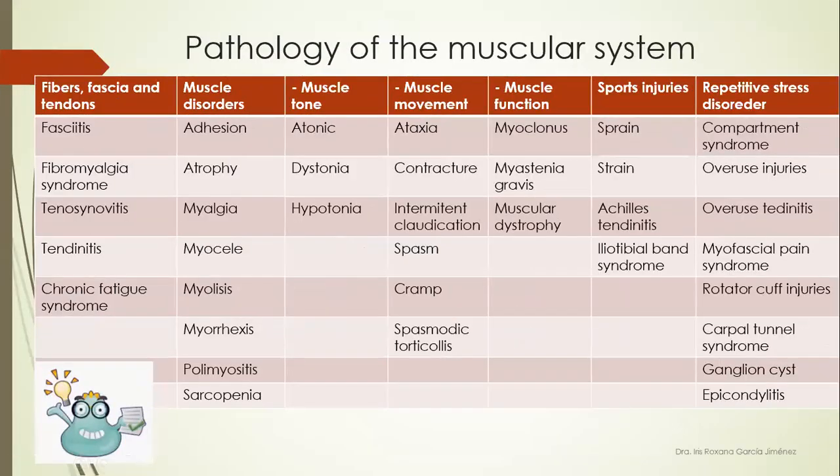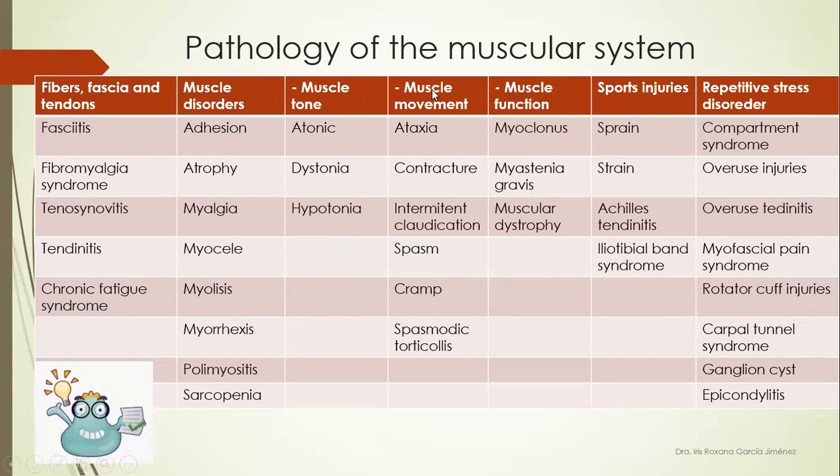Now we have the pathologies of the muscular system, the same as in bones and joints. We have the chance to check how to write the names of these pathologies. For example, for fibers, fascia, and tendons, we have this list. Muscle disorders, we have this list.